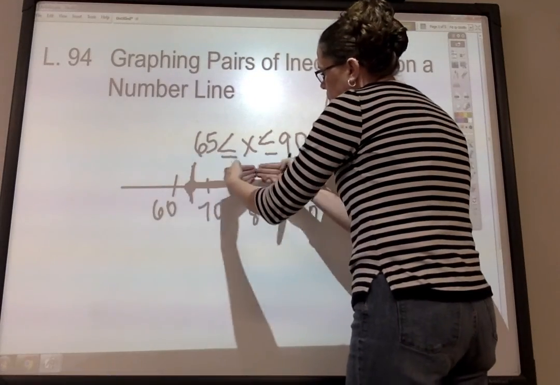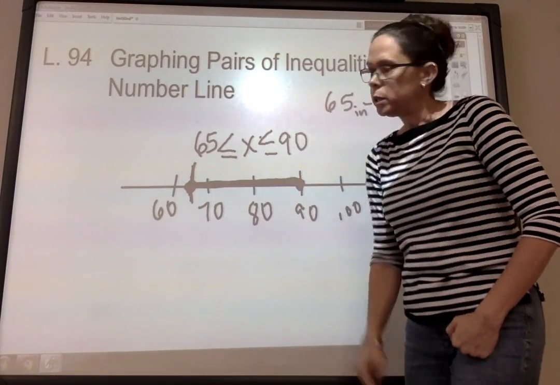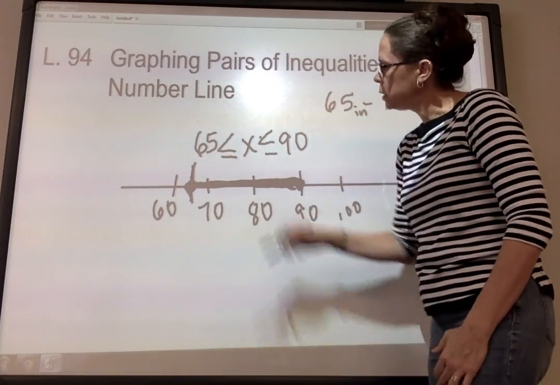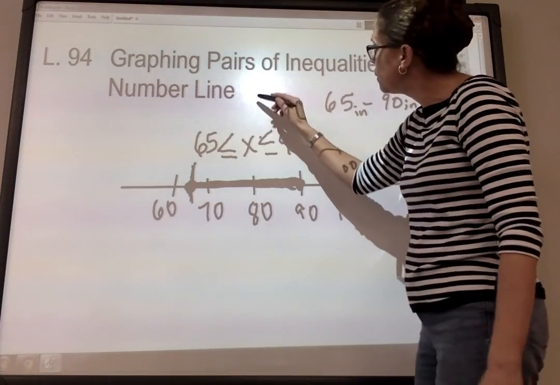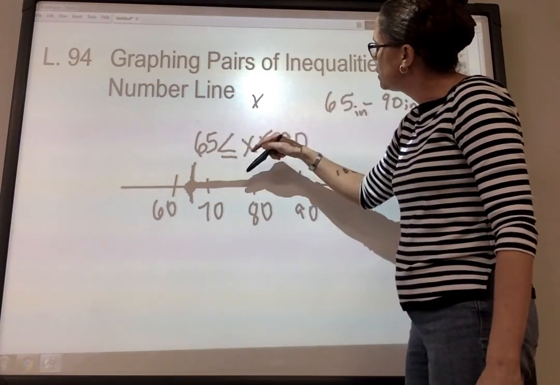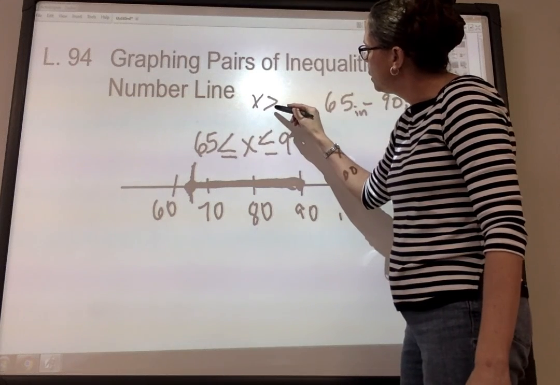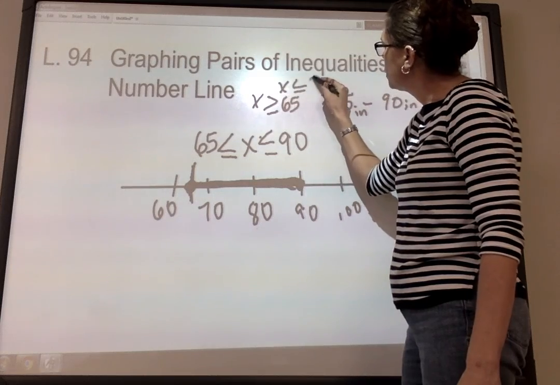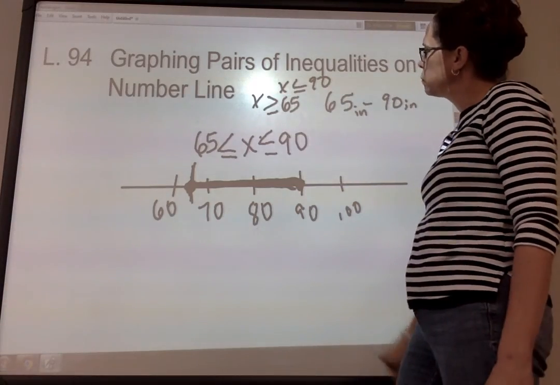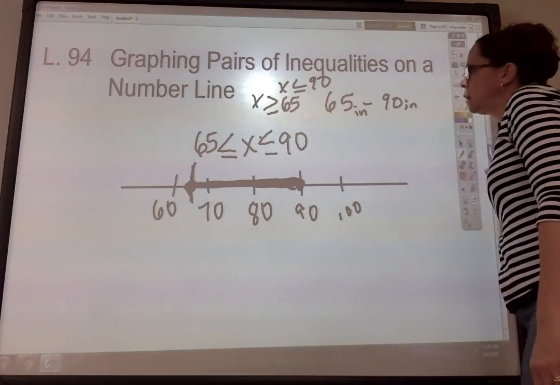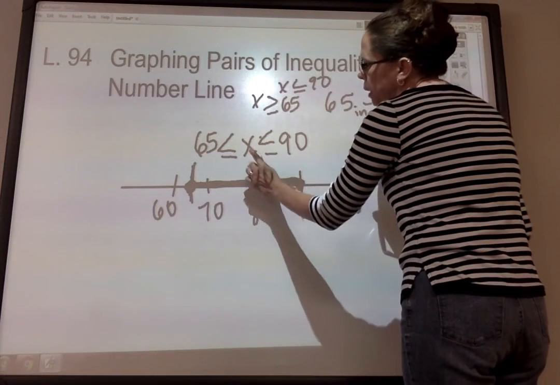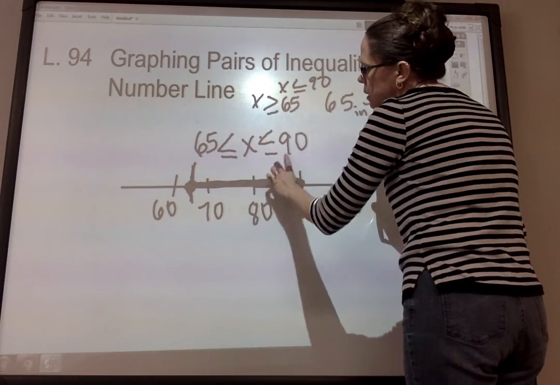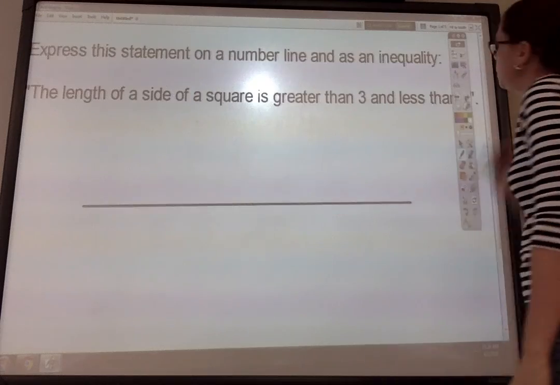Hopefully you're seeing that this is the intersection of these two inequalities, because we're saying x is greater than or equal to 65 and x is less than or equal to 90. We're putting both of those in the same statement. When we write it this way, we start here in the middle and write 65 less than or equal to x, x less than or equal to 90.